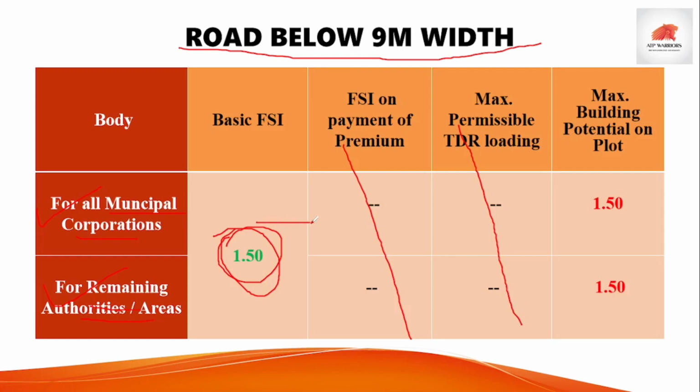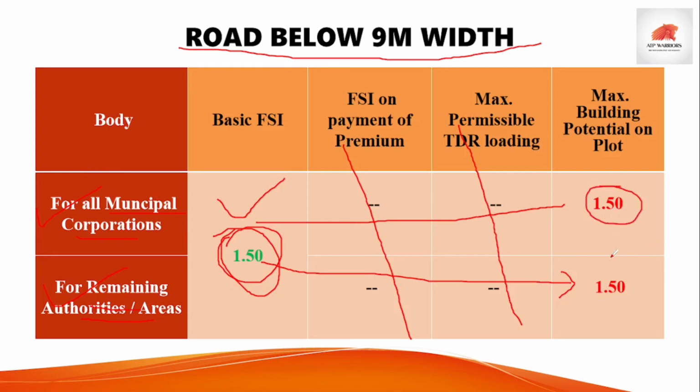So the final is as it is, 1.5. For a plot facing a road width below 9 meter, you will get a basic FSI of 1.5 and the maximum building potential is 1.5.